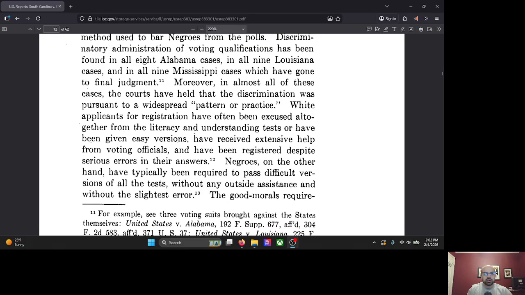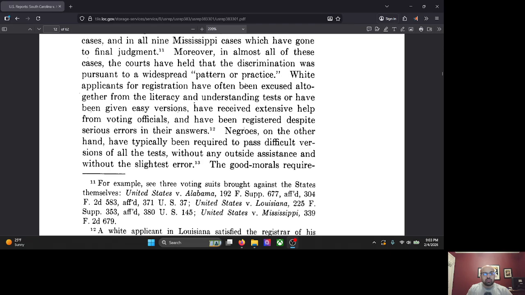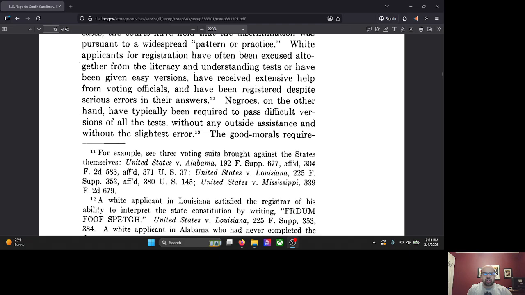White applicants for registration have often been excused altogether from the literacy and understanding tests or have been given easy versions, have received extensive help from voting officials, and have been registered despite serious errors in their answers. African Americans, on the other hand, have typically been required to pass difficult versions of all the tests without any outside assistance and without the slightest error.